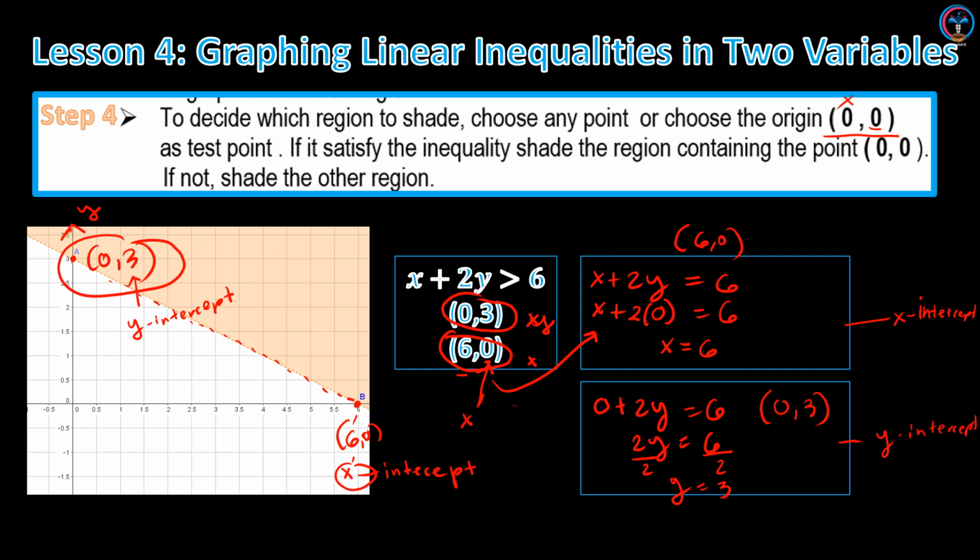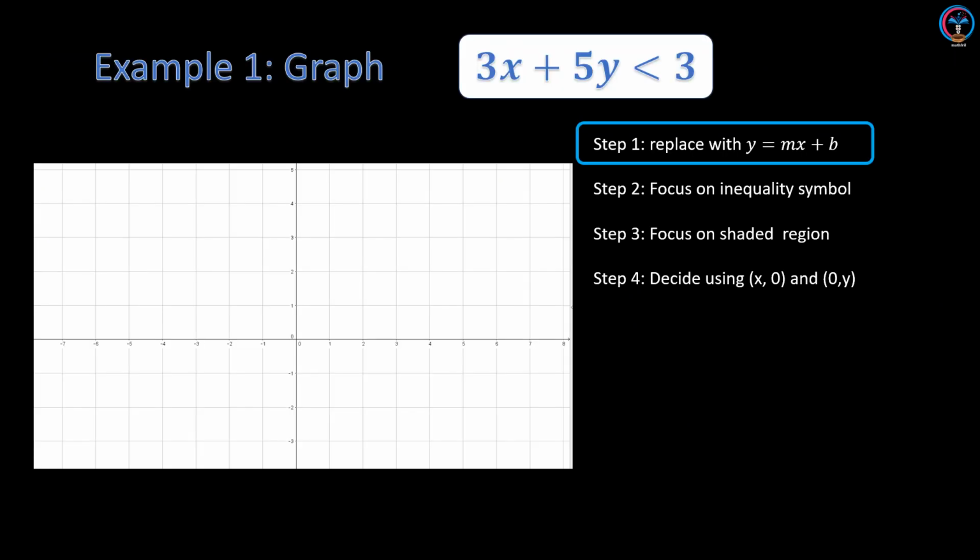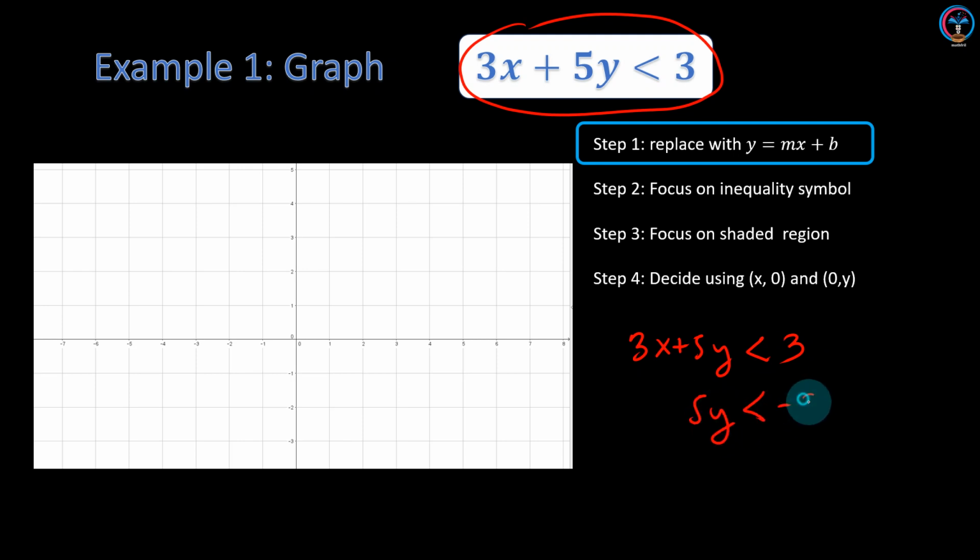Now let's proceed to another example. Again, the first step is to rewrite it as y equals mx plus b. So this 3x plus 5y will become 5y less than negative 3x plus 3.